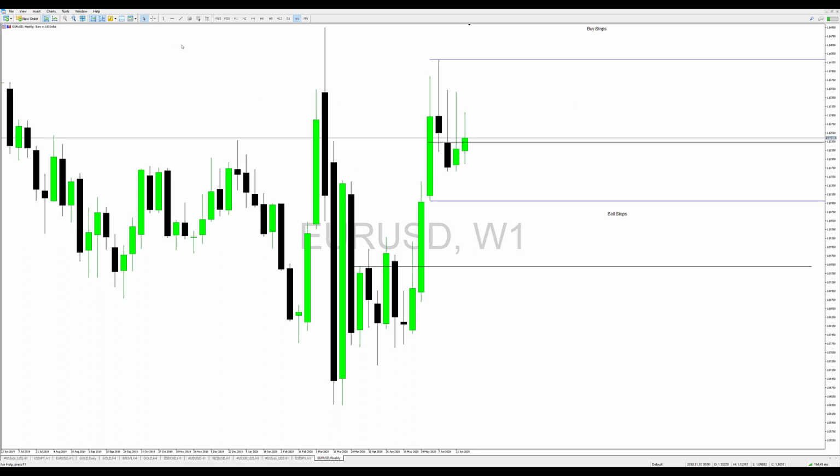Let me mark it out properly. So we've got these two equal lows, high probability area for sell stops. Then we've got this high here. Let me just make sure my lines are straight to the pip.